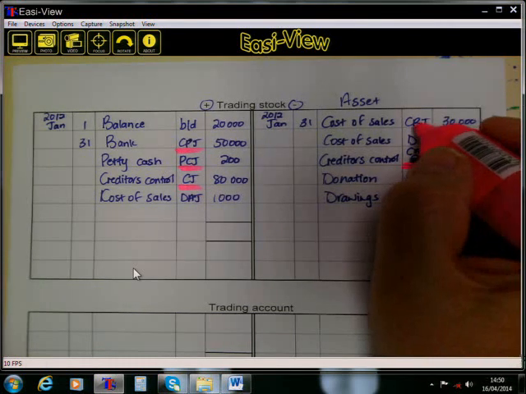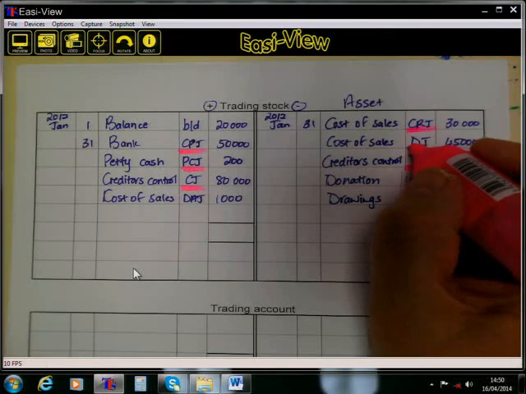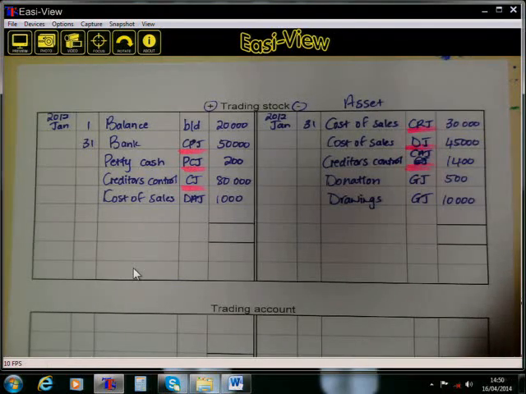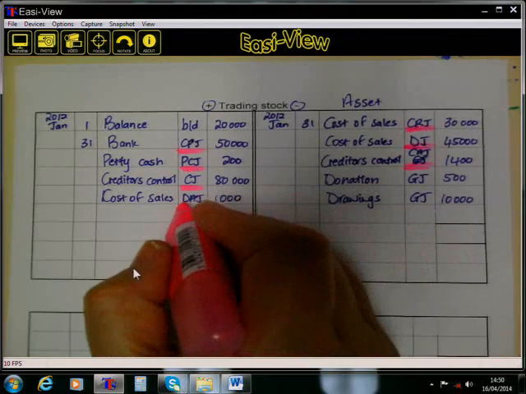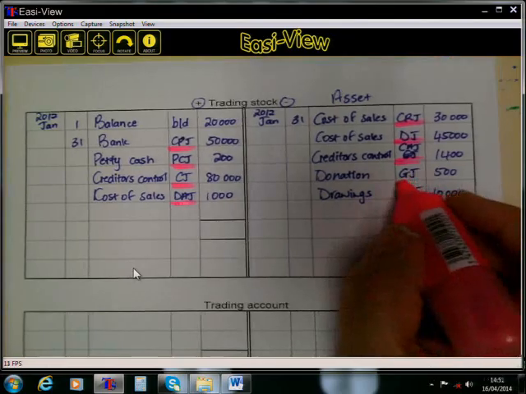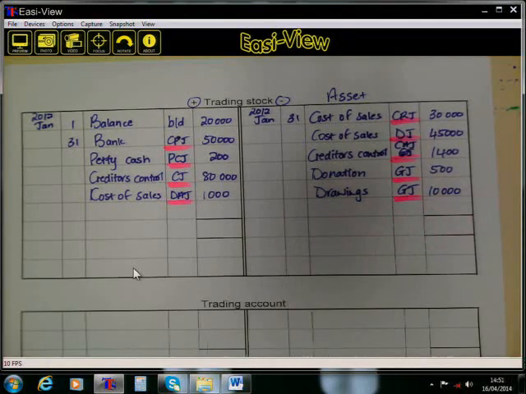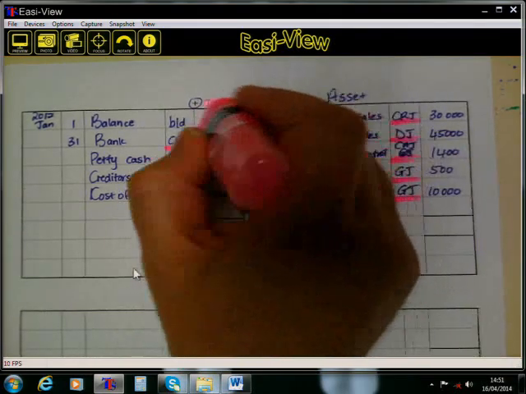When we sold stock, you show this cost price here for cash. When you sold on credit, when the debtors are not happy and they send back. And then when we donated some stock to the old age home or the school or whatsoever, or when the owner withdraws stock, all of them influence your trading stock.